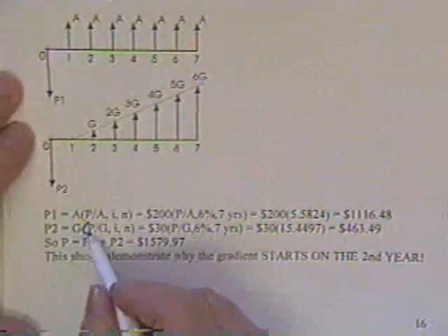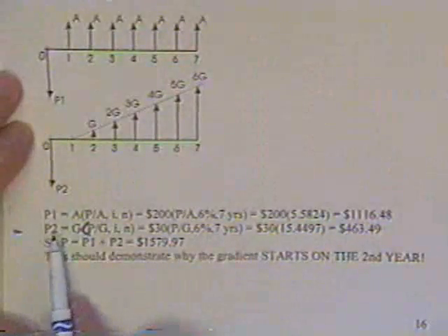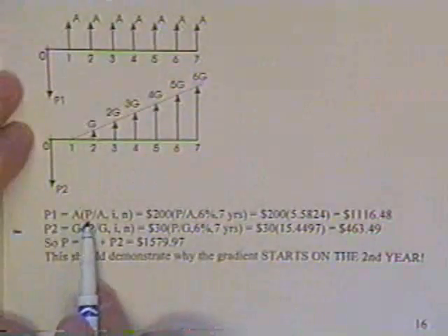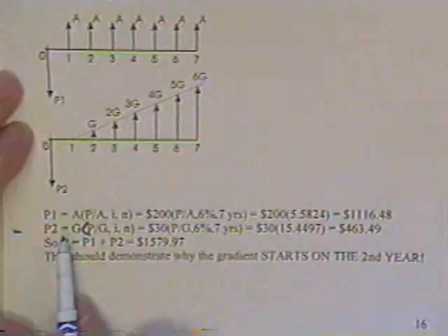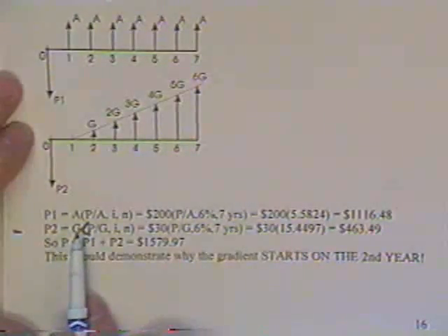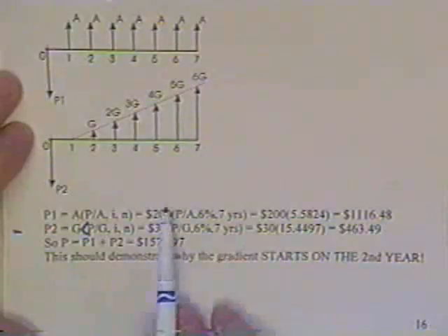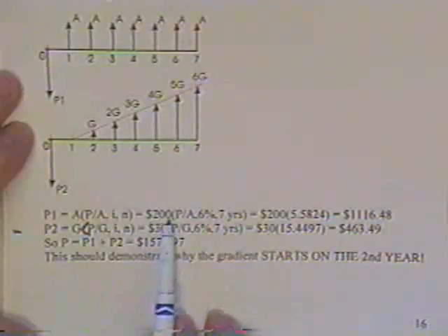So, P1 is A times P over A. That changes the annuity into the present value. P2 is G, the known gradient, times P over G. The annuity is $200 every year.